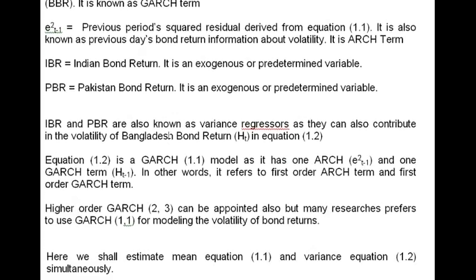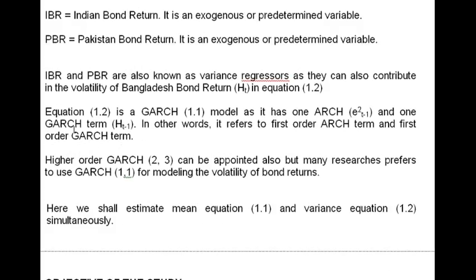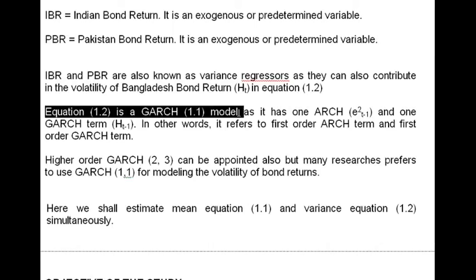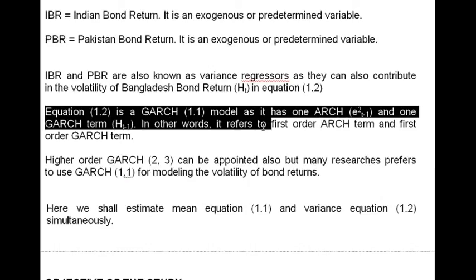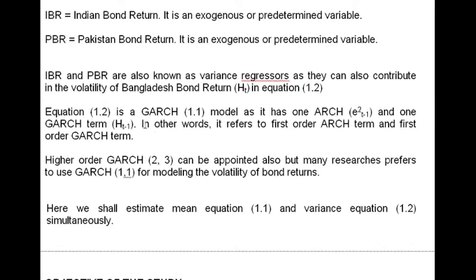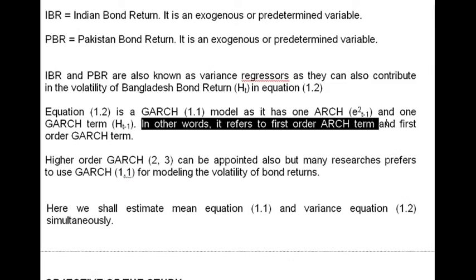Equation 1.2 is a GARCH(1,1) model, as it has one ARCH and one GARCH term. In other words, it refers to a first order ARCH term and first order GARCH term.